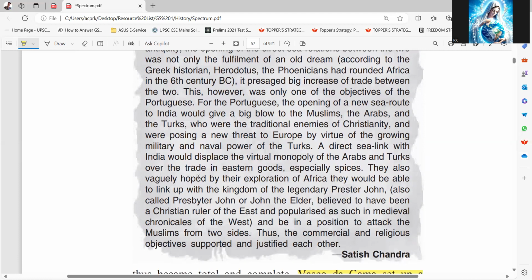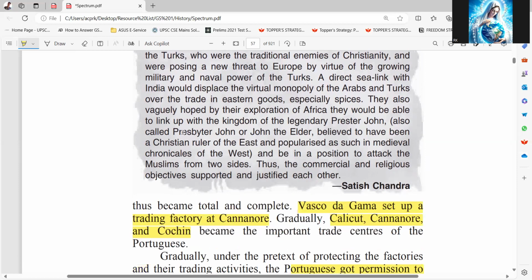They also vaguely hoped that by the exploration of Africa, they would be able to link up with the kingdom of legendary Prester John, also called Presbyter John or John the Elder, believed to have been a Christian ruler of the East and popularized as such in medieval chronicles of the West, and be in a position to attack the Muslims from two sides. Thus, the commercial and religious objectives supported and justified each other.